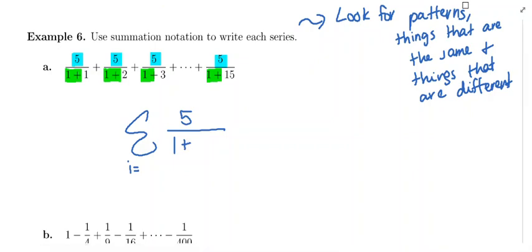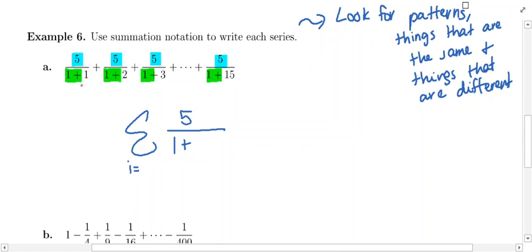What does change is what's being added in the denominator. First we're adding 1, then we're adding 2, then we're adding 3, all the way up to 15. That is going to be our I value, because remember, I is going to take on different values.